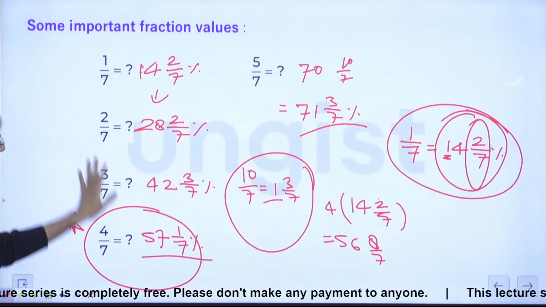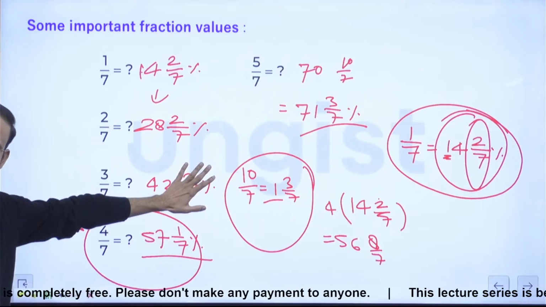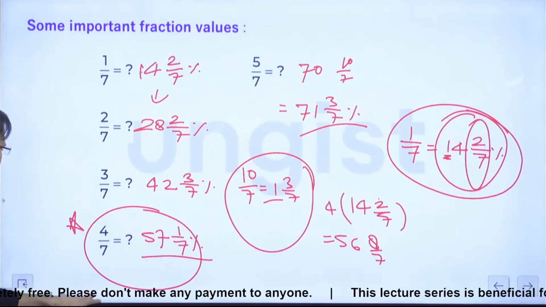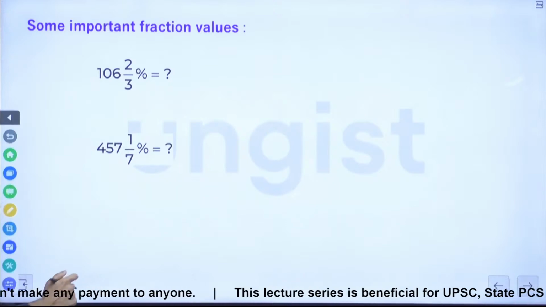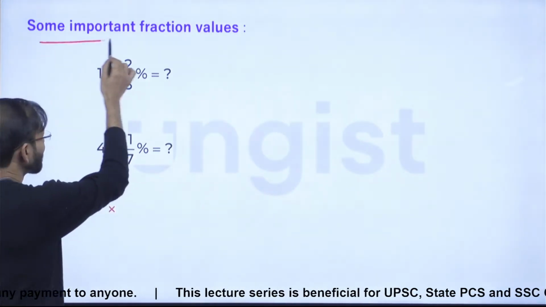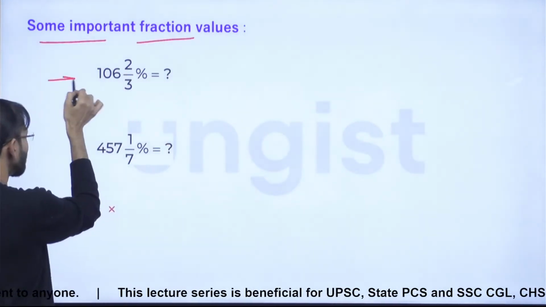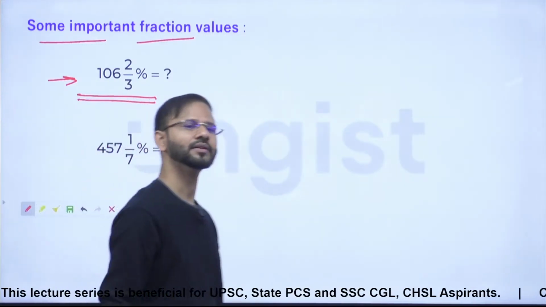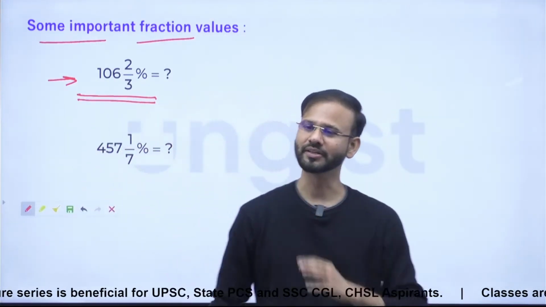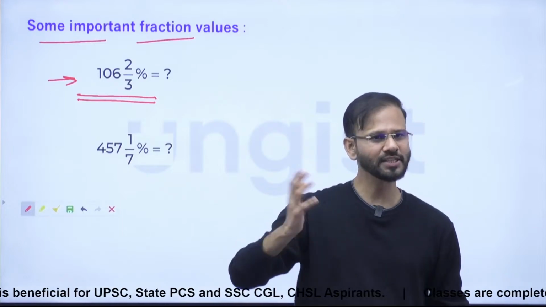After that, see guys, it's fine now. Shall we move? Okay. After that, guys, मुझे ये बताइए, question is saying some important fractional values. I mean, what are the fractional values corresponding to this percentage? हाँ, ये क्या लिखा हुआ है पहले तो ये बताइए. This is 100 plus 6 2 by 3.